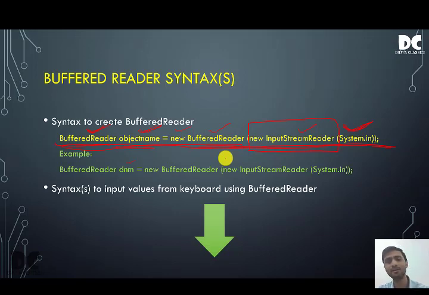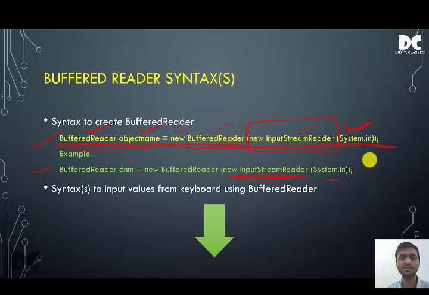Except for that, everything is the same. Here is just an example: BufferedReader, DNM is the object name, new BufferedReader, new InputStreamReader, then System.in, which was already present in scanner also.